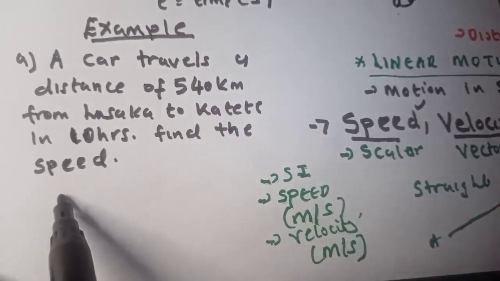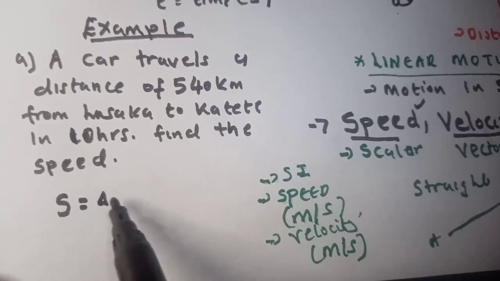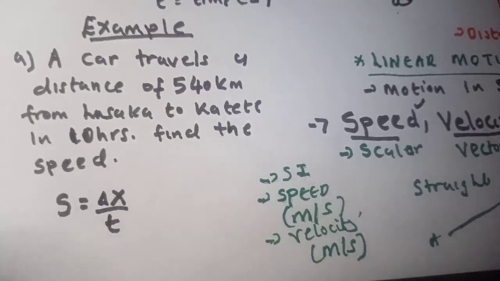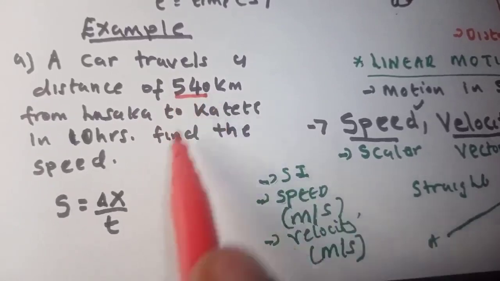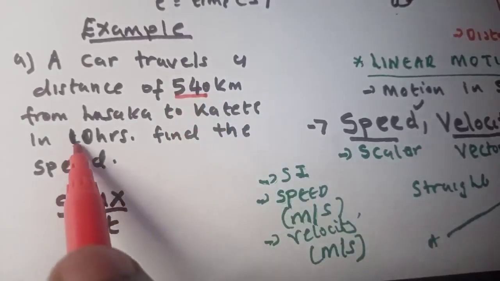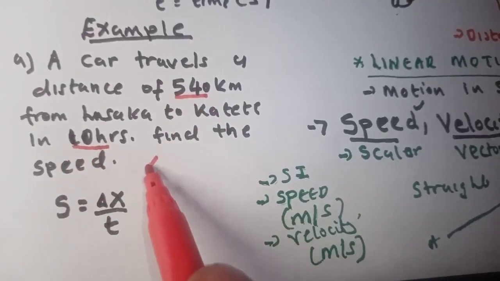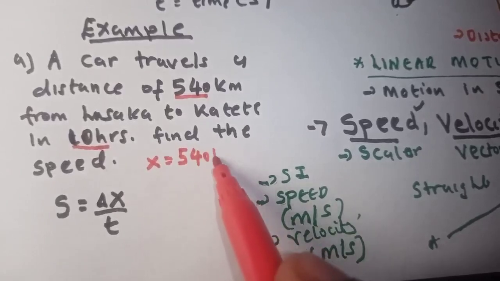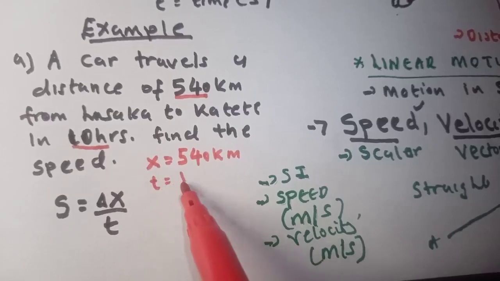So we know speed is equal to rate of change of distance over what? Over time. From the question, the distance is 540 km and the time is 10 hours.